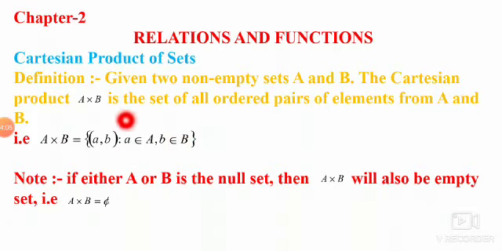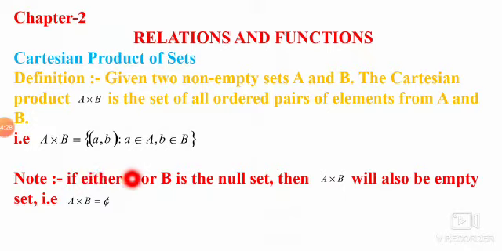In case of Cartesian product, the elements are always in the form of ordered pairs and the first element belongs to the first set and the second element always belongs to the second set. Therefore, this is the actual definition of how to find the Cartesian product of the two sets. Before you go to the problems, here is one important note.